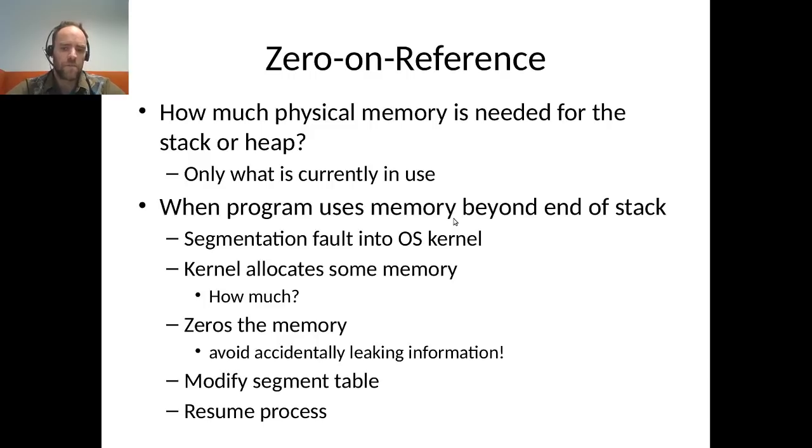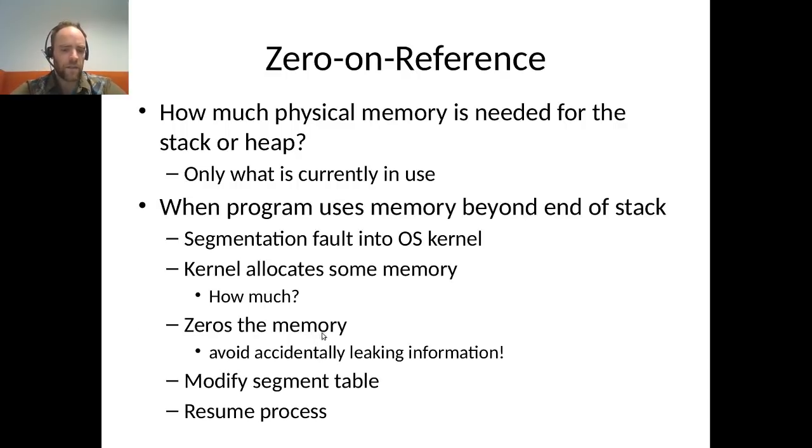If we try to use memory beyond the stack, then we can have a segmentation fault into the kernel. The kernel allocates some more memory, and this can be predefined depending on how much might be needed. In the case of a heap, we know explicitly how much is needed because when we allocate memory on the heap, we allocate a specific amount. On the stack, we might just allocate a default amount of memory.